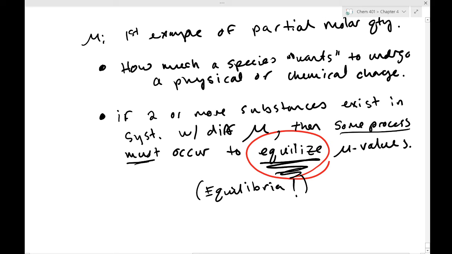And that's exactly where we're going next. We will start to define equilibrium or chemical equilibrium in reactions in terms of this idea, where the chemical potential is equalizing. This is the driving process that's driving a chemical reaction forward, this equalization of the chemical potential.